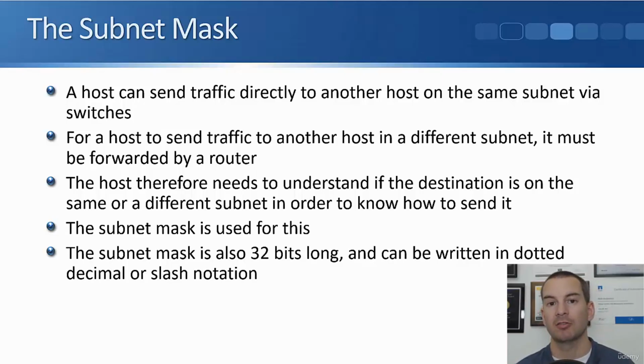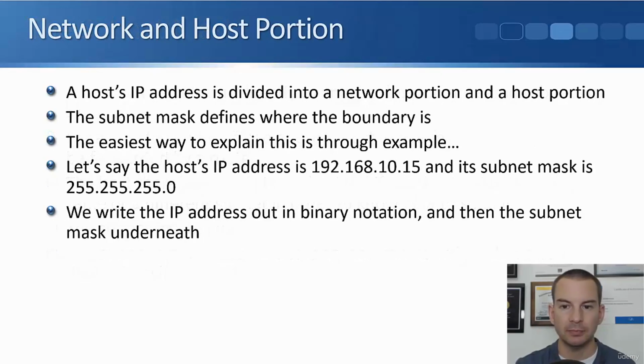The subnet mask, just like the IP address, is also 32 bits long, and it can be written in dotted decimal notation, the same as our IP addresses, or it can be written in slash notation. You'll see how that works a bit later in this lecture.